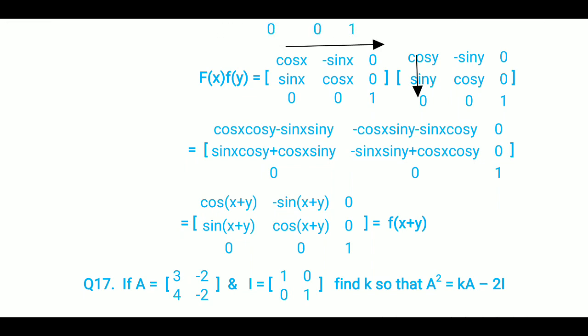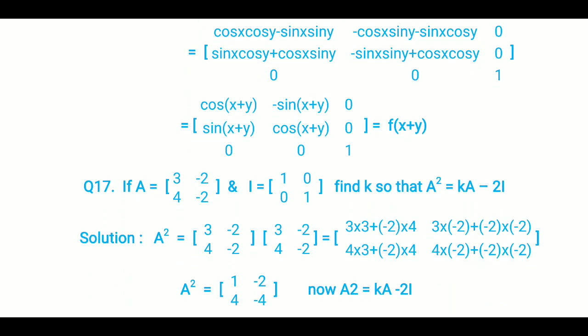Similarly, second row: sin(x plus y), second column element cos(x plus y), 0; and 0, 0, 1. Now see here variable x is replaced by x plus y, so this is equal to the function f(x plus y). So this is RHS.